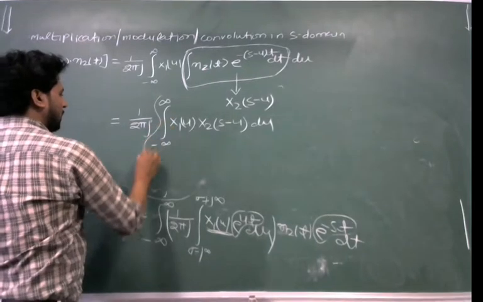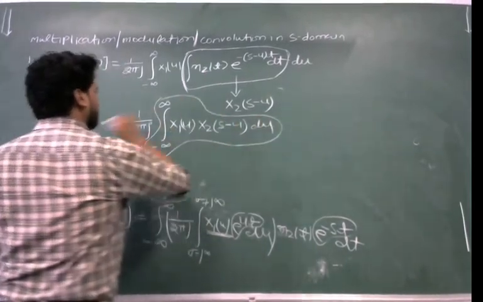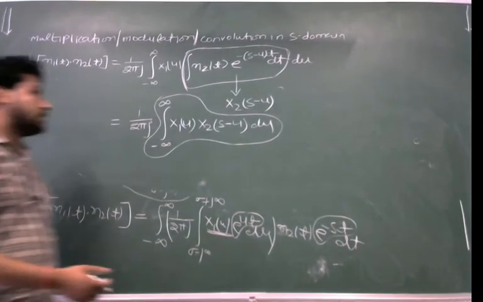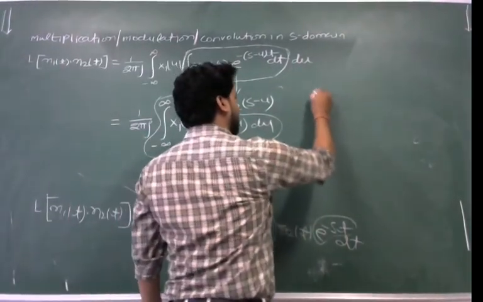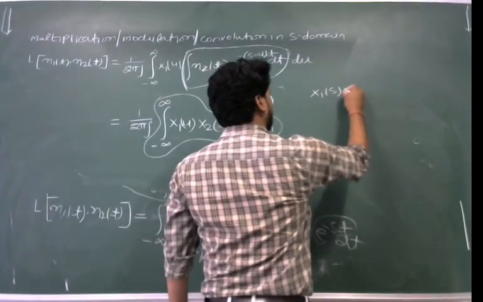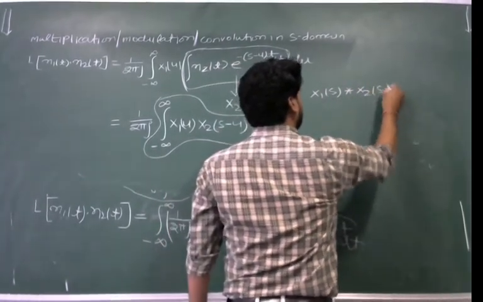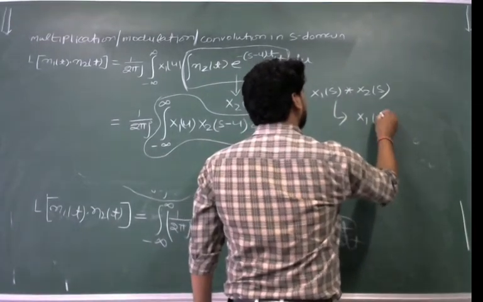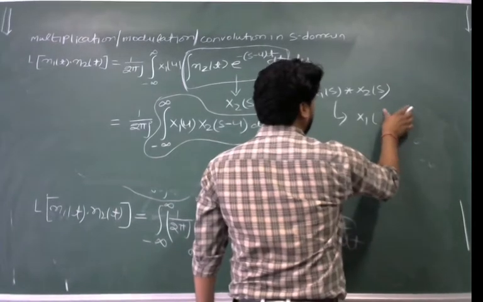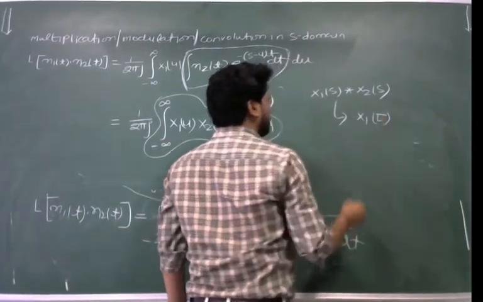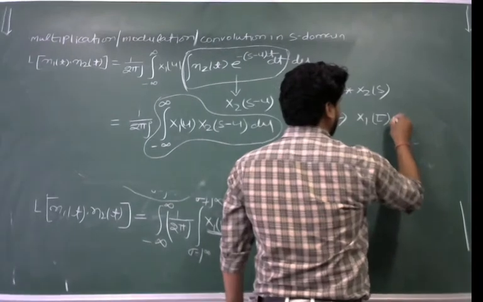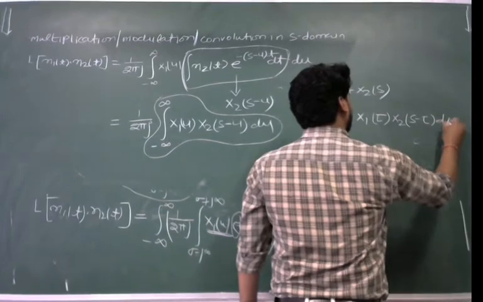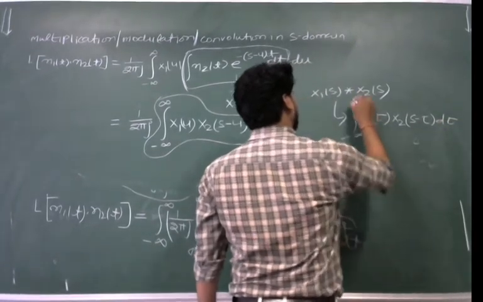And how can this be related to the formula of convolution? The convolution of X1(s) and X2(s) can be written as the integral of X1(tau) into X2(s minus tau) d tau, with limits from minus infinity to plus infinity.